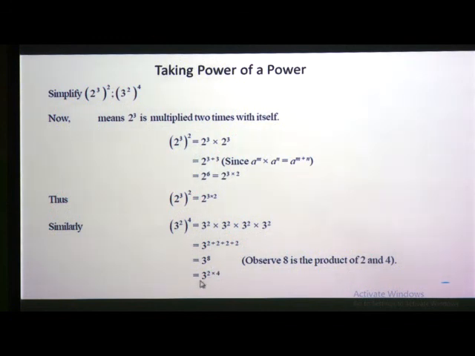In this way, we have tried to solve this using the formulae. You have to remember that when the bases are the same, what should be done to the powers or exponents, and we have to do it step by step and find the simple form of it.